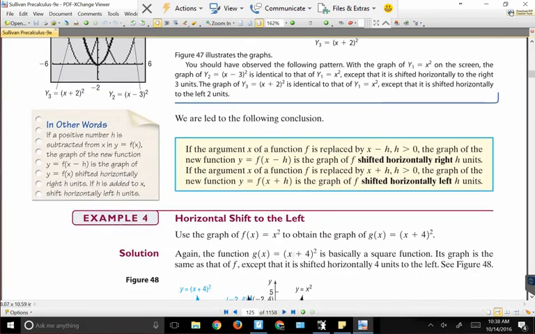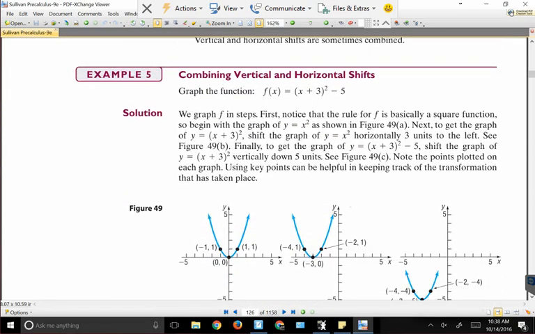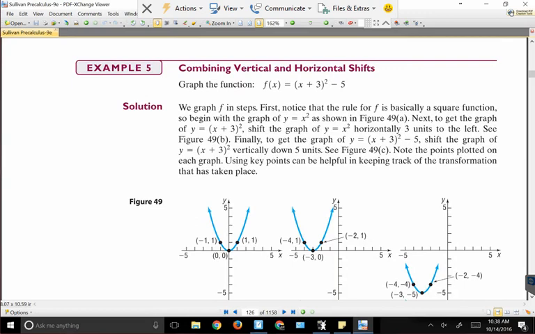Okay. Now, that takes care of the shifts to the left and to the right. Now, can we combine horizontal shifts? Yeah. The nice thing is, I know what this function is going to be. I see I've got x plus 3 squared minus 5. I know I have a parabola to begin with. It's moved 3 units one way and 5 units the other way. So, if I would really want to think about this, I wouldn't think about it in terms of x plus 3.